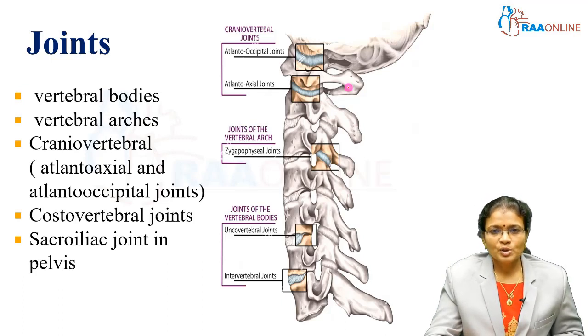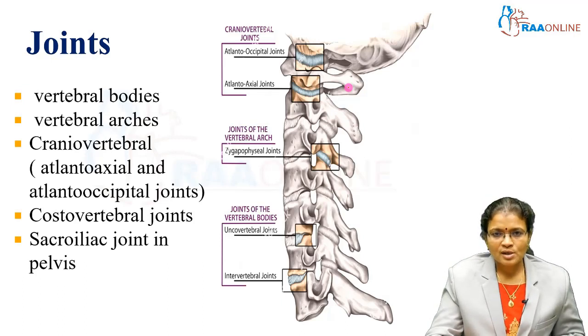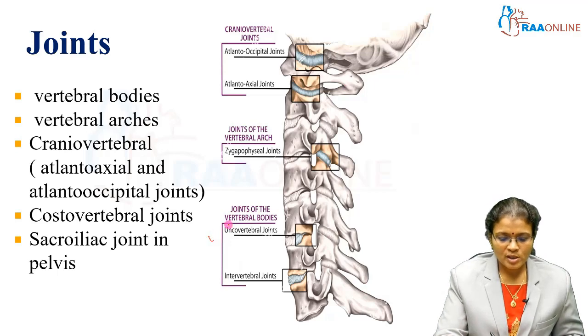And what are the joints? There are joints between vertebral bodies, joints between vertebral arches, craniovertebral joints, costovertebral joints and sacroiliac joints in the pelvis. The joints between the vertebral bodies are the uncovertebral joints and the intervertebral joints.